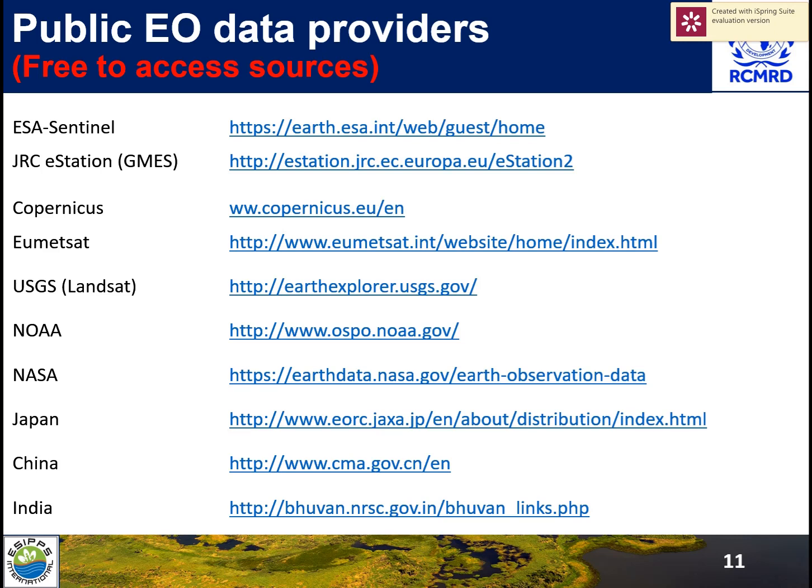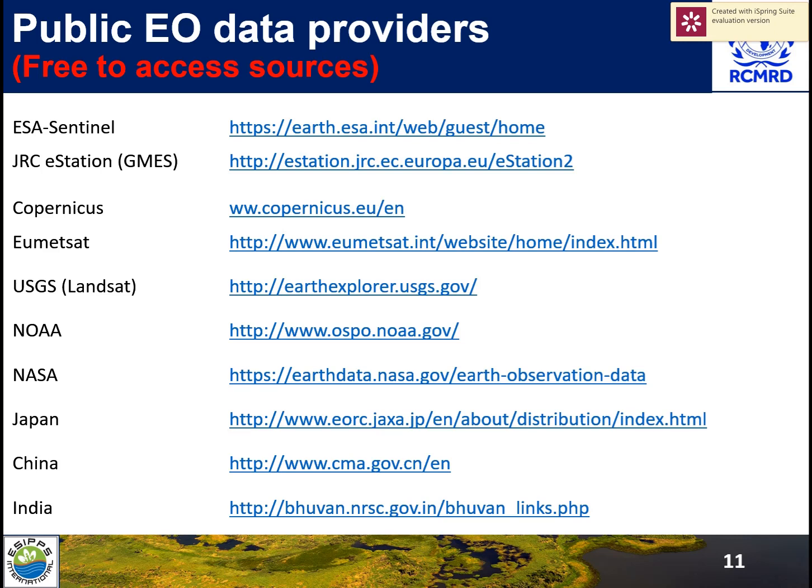The Joint Research Center, also in Europe, is providing a lot of Earth observation data under the GMES program, Global Monitoring for Environment and Security, also providing data through the GMES products or program.